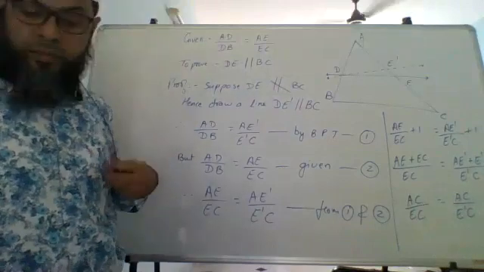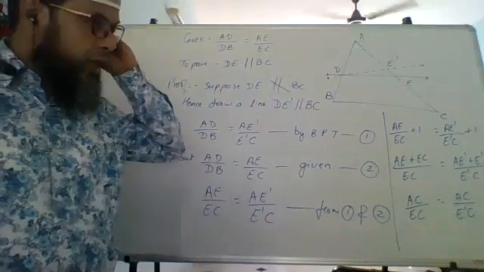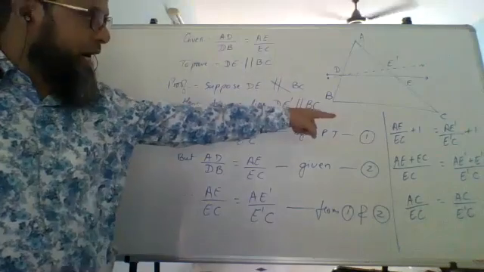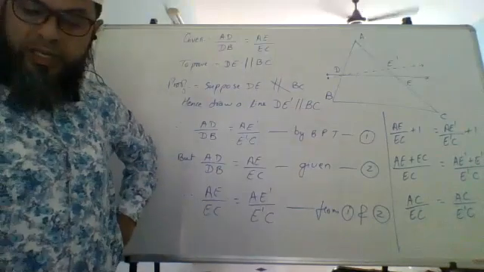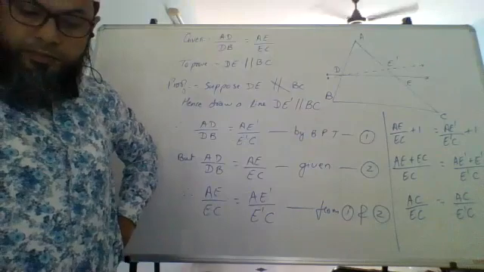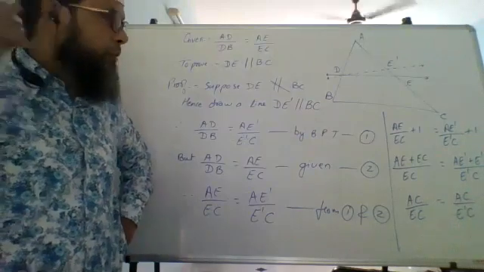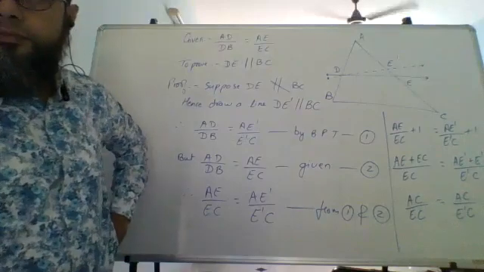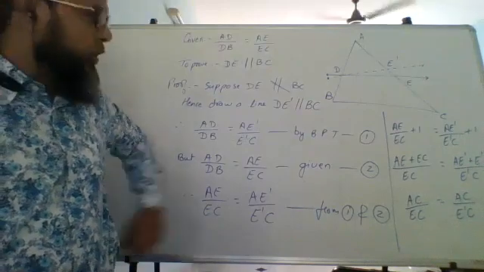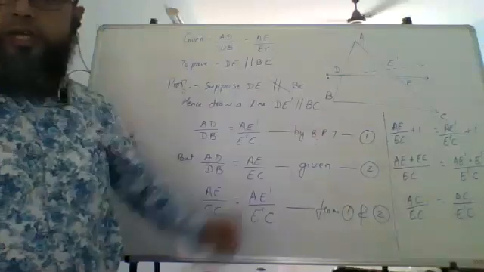After adding 1, we get AC upon EC equals AC upon E dash C. The two ratios are equal, and the numerators are also equal.